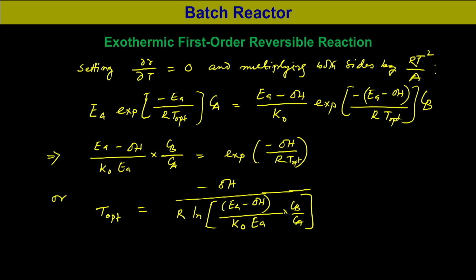So, this temperature T optimum minus delta H by R ln E A minus delta H by RT by K naught E naught into Cb by Ca.